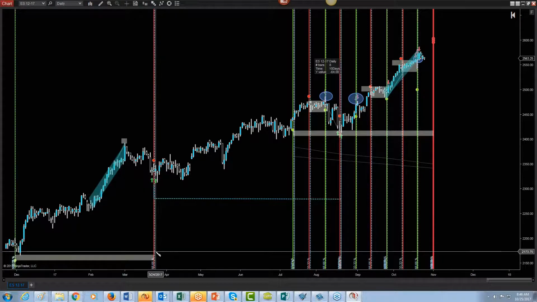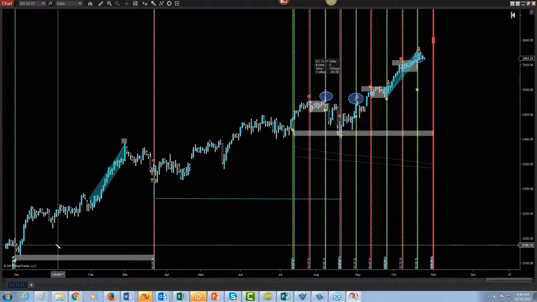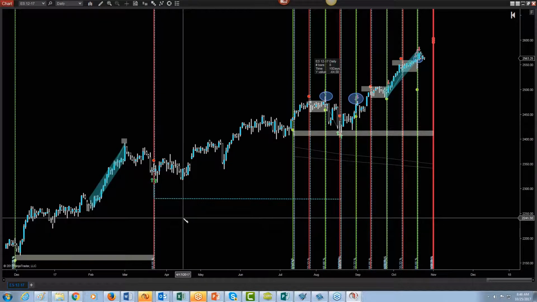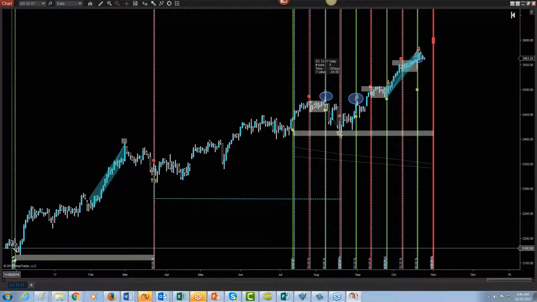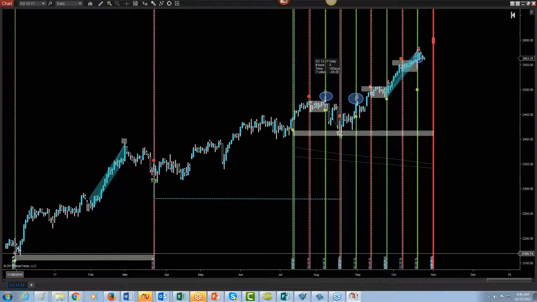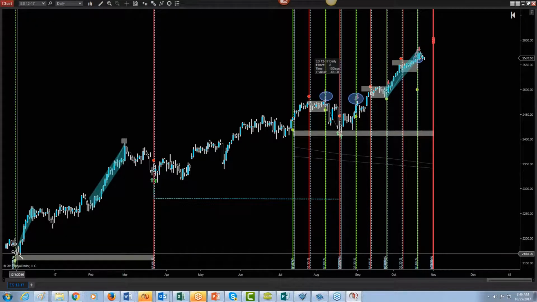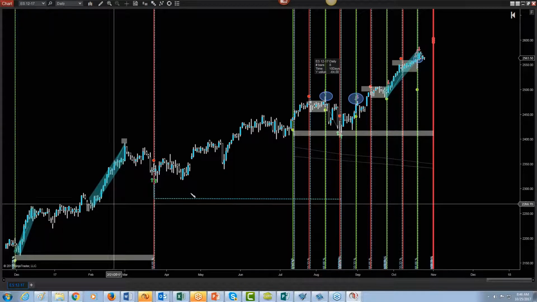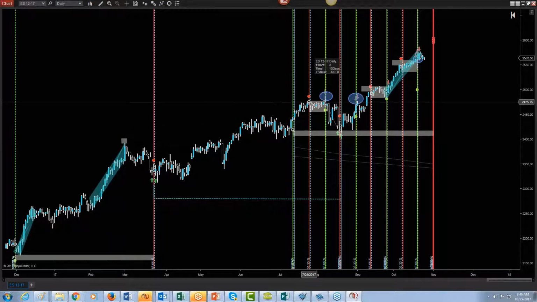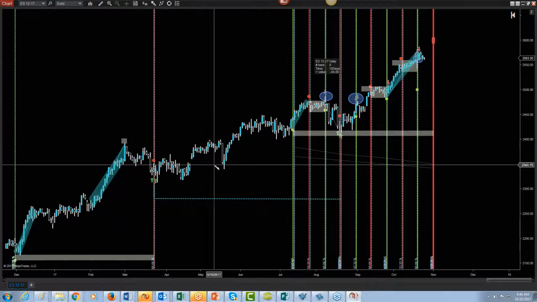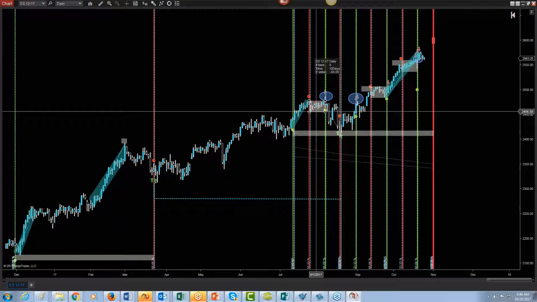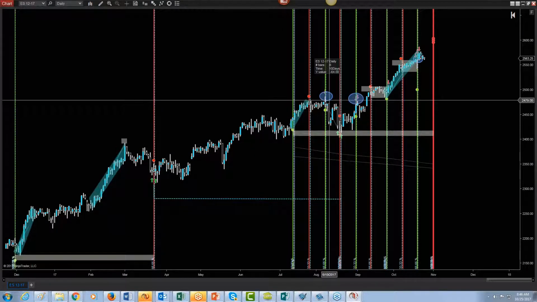So I'm looking for shared attributes, gentlemen. I'm looking for patterns that I see that are universal to the two. So check it out. Tim, there's an initial surge here, and there's an initial surge here, followed by what?